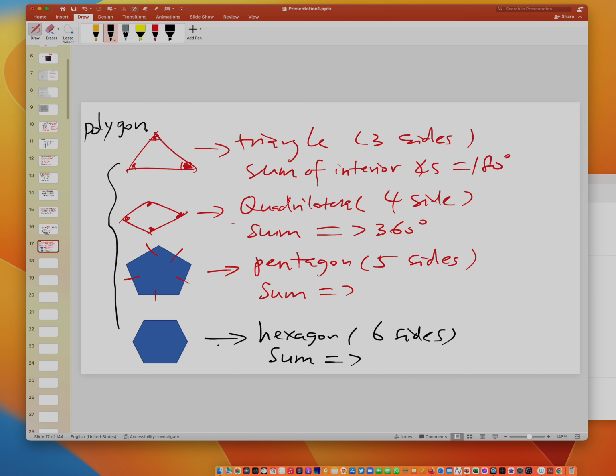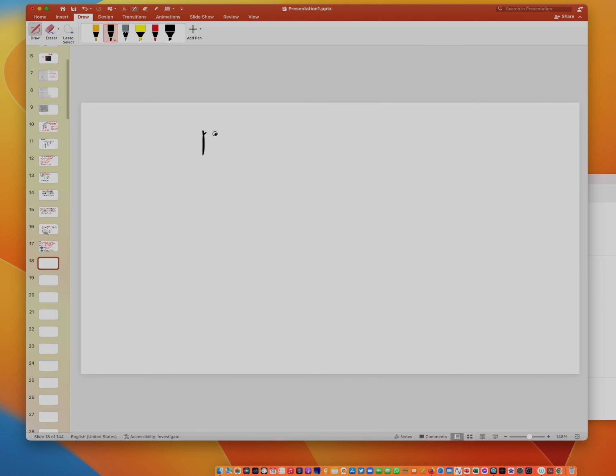So when they talk about polygon, right? Basically, they are not telling you how many sides. So you have to decide. Okay. So there is a formula. There is a formula to find the sum of interior angles. So for polygon, the sum of interior angles is given by, so a polygon is an n-sided figure lah.